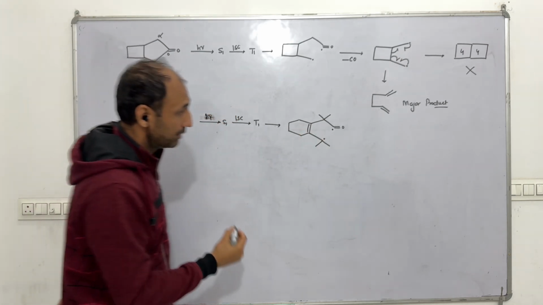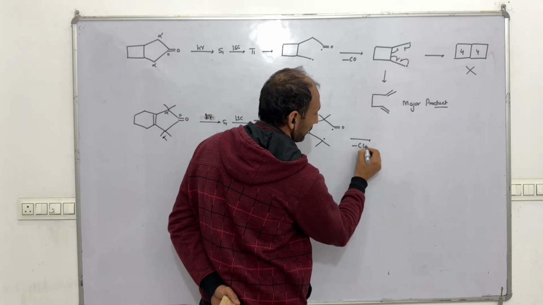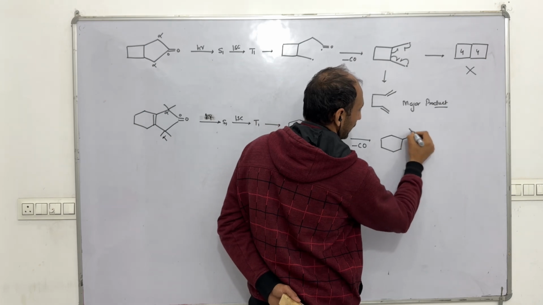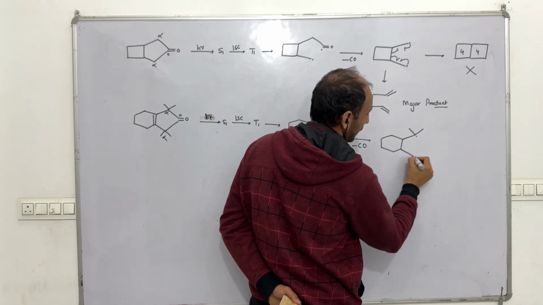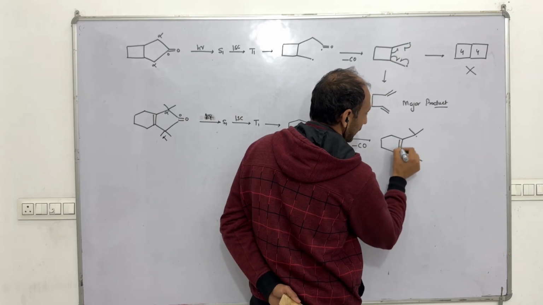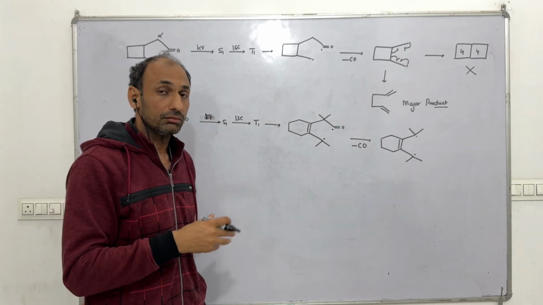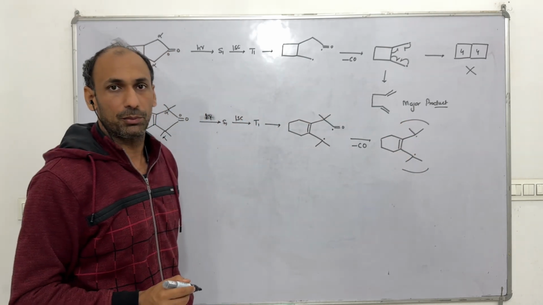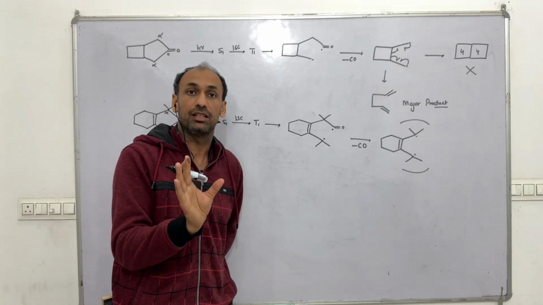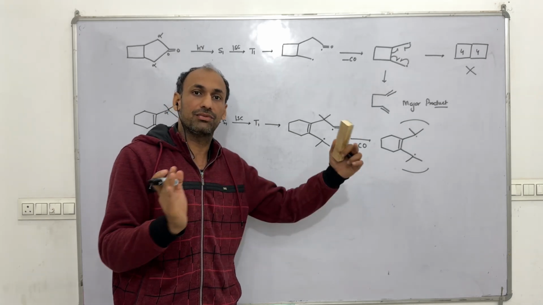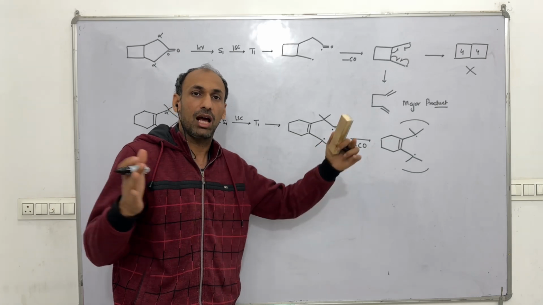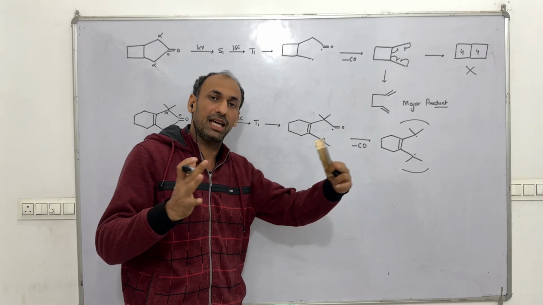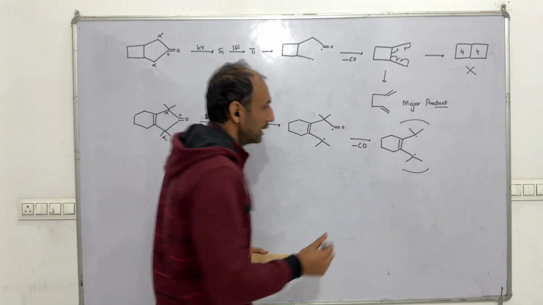Next step, minus CO. Radical, radical. Since we have conjugation at both the positions, it is expected that the two radicals come close to each other, because outside we have steric crowding, right? Because of the crowding outside, the radicals come close. Okay, what will happen when they come close?